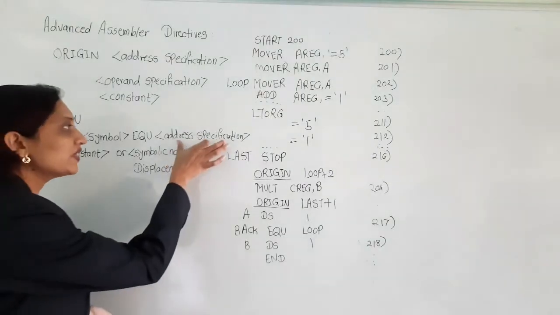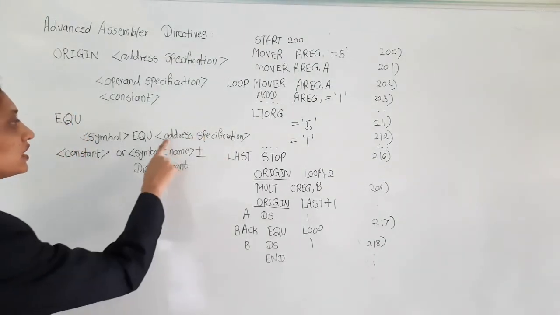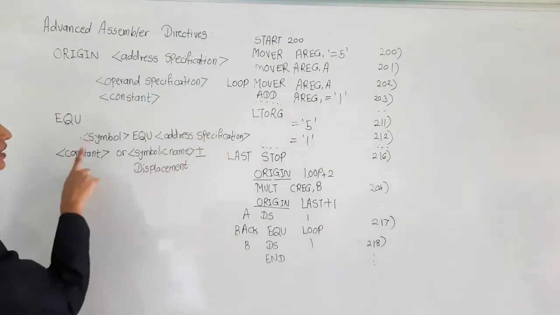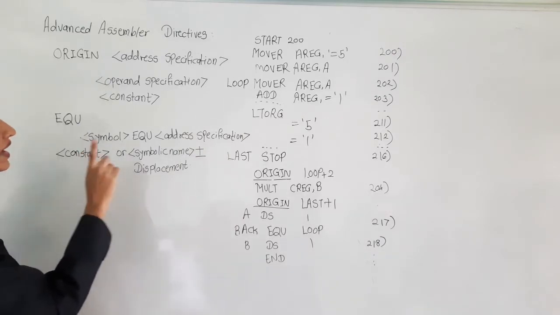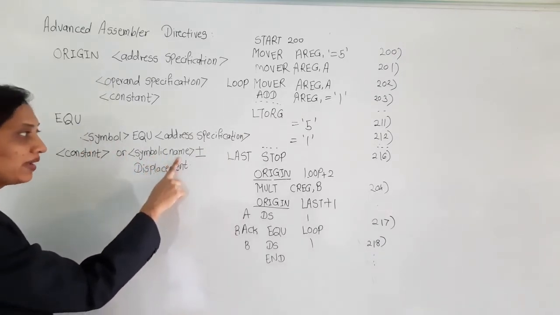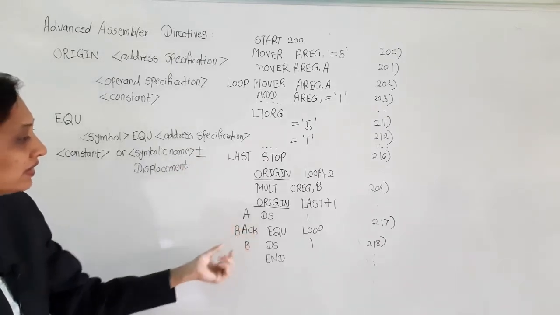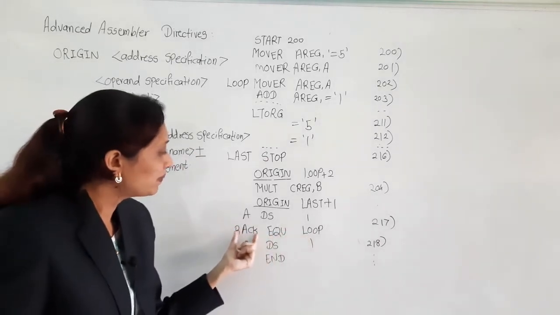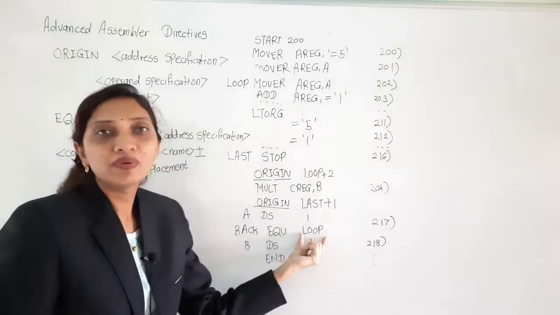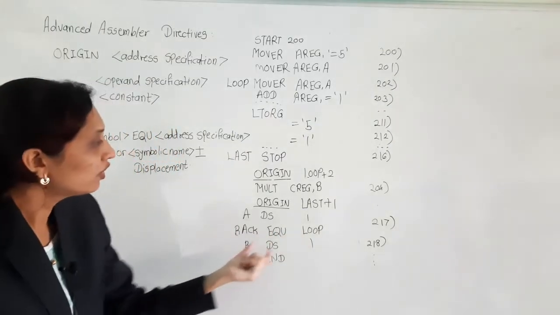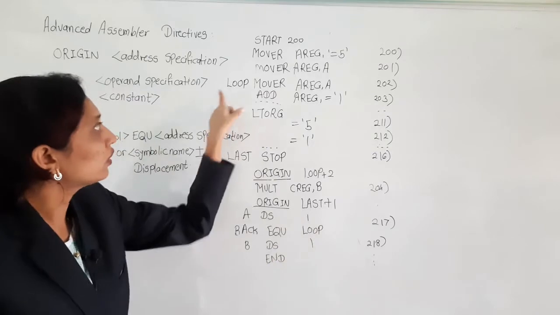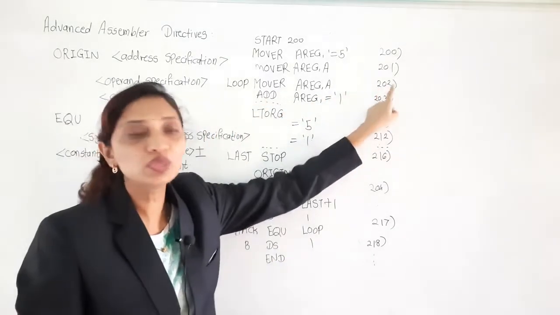And how can you specify the address here? You can specify the address by using some constant, or you can use a symbolic name with plus or minus displacement. Consider this example: back EQU loop. Loop contains which address? The loop statement contains address 202.